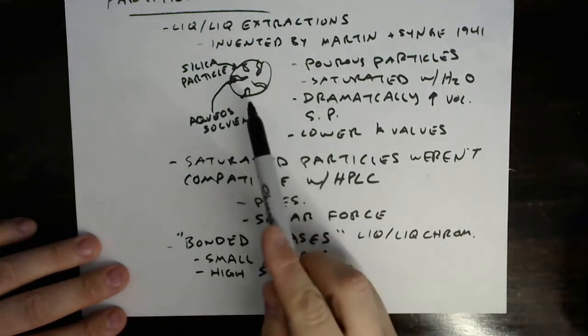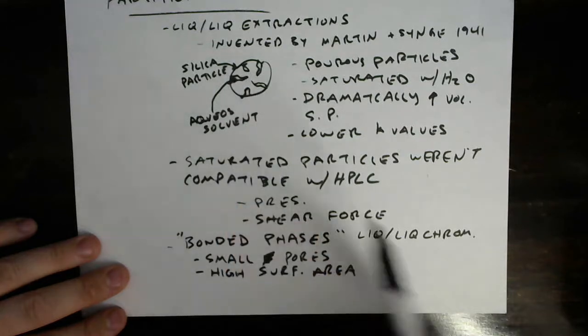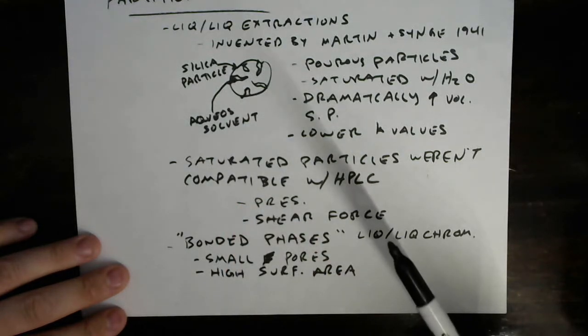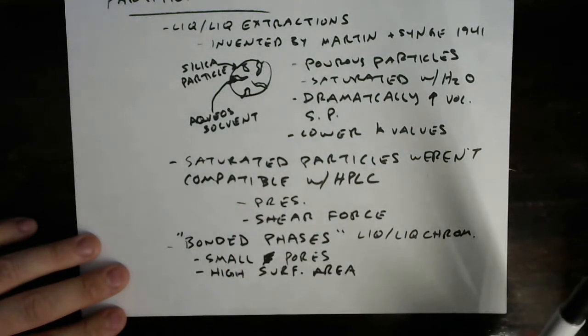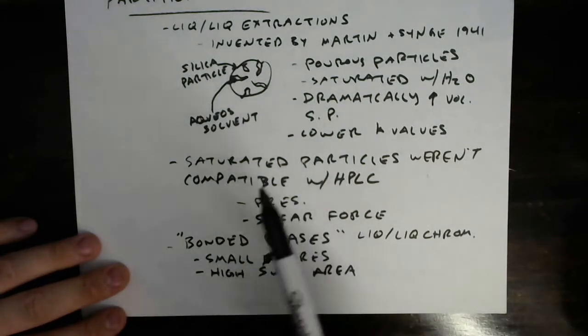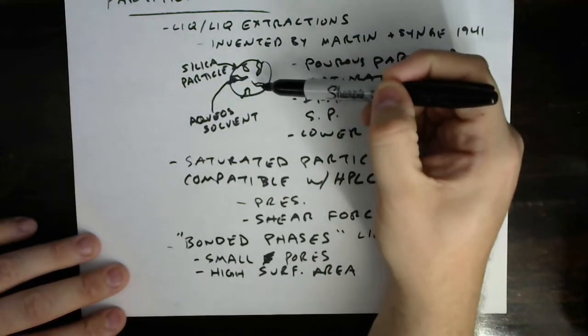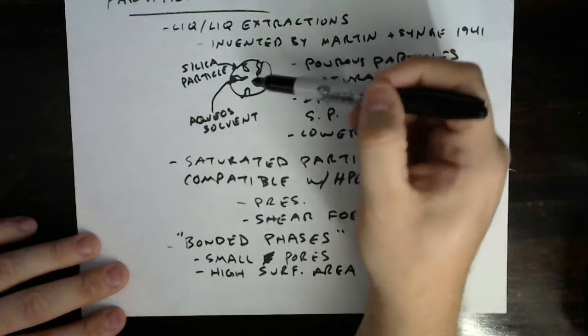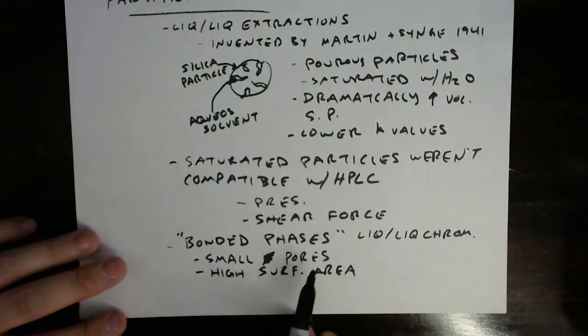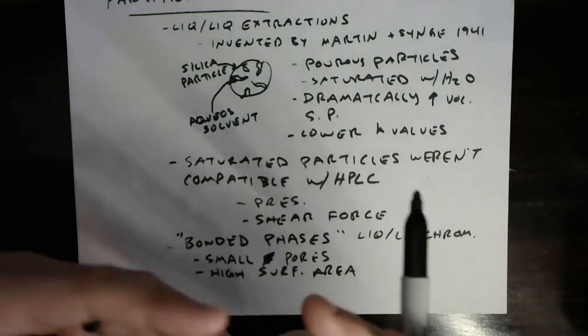And what they will produce is an environment near that surface that is essentially like the solvent itself, like a liquid solvent. So although they'll be covalently bound, they'll be immobilized on the surface. Those monolayers, because the pores are so small, those monolayers will come so close.